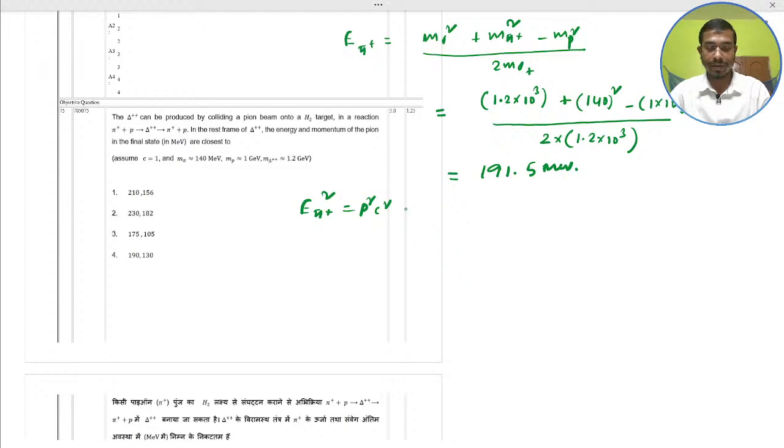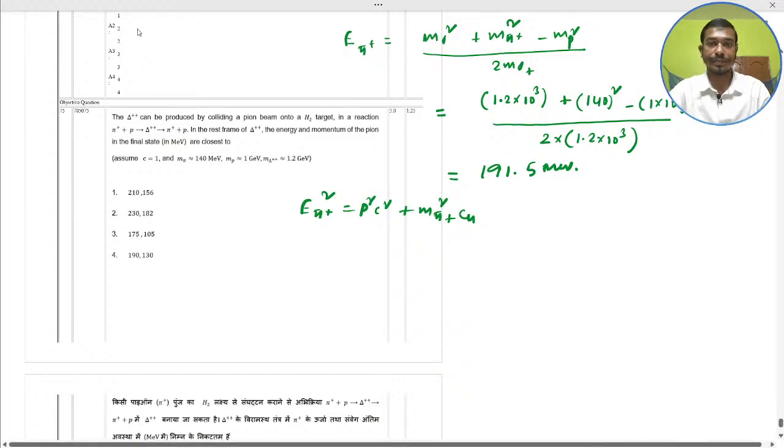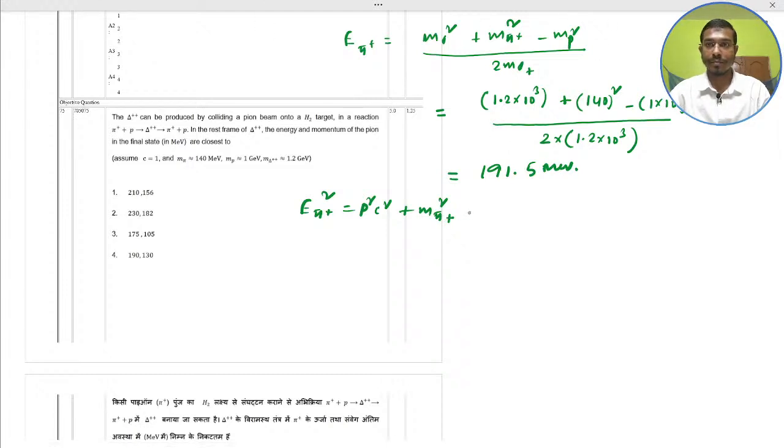Next, the energy momentum relation: E pi positive square equals P square C square plus m pi positive square C to the power 4.